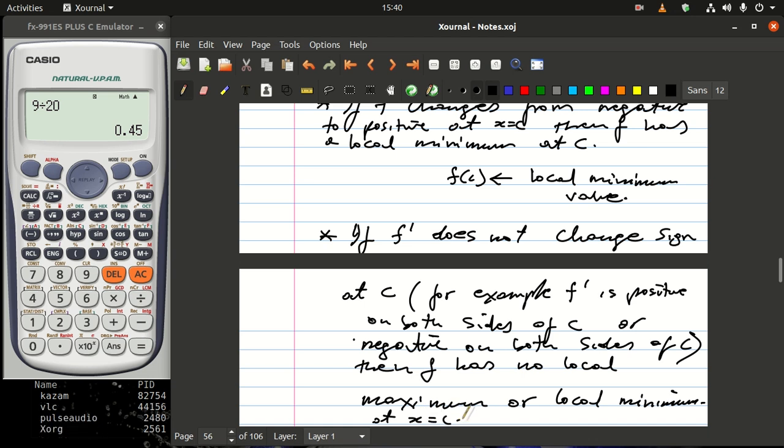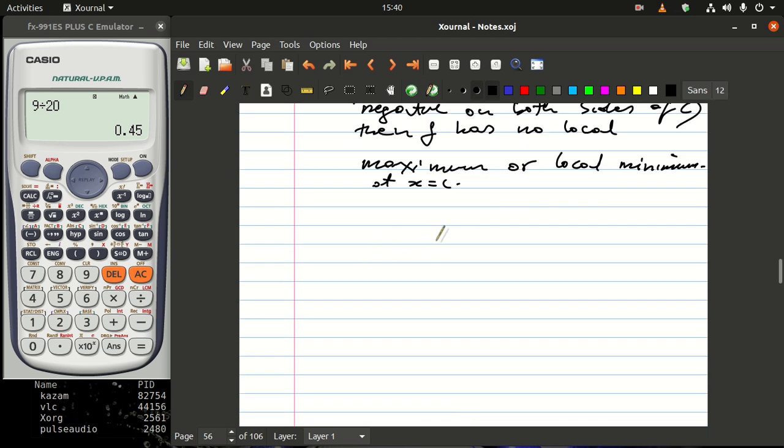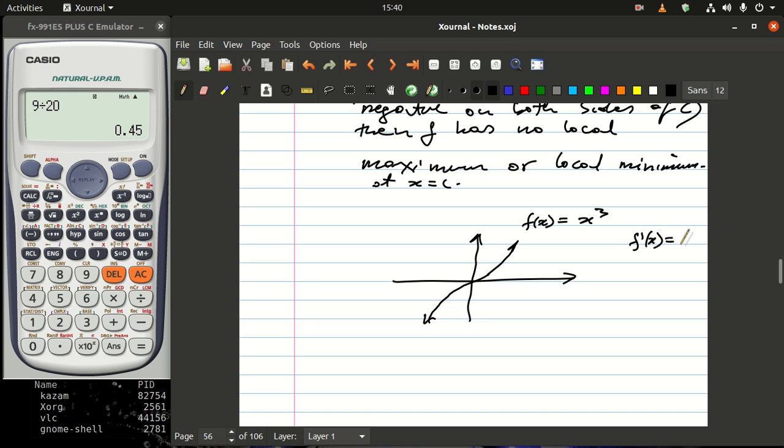So that's what I want you to see here. You remember the example that we took: let's say my f of x is equal to x cubed, and we know that this function is usually increasing like this, and then it goes like that. When we take the first derivative, f prime of x is equal to 3x squared.